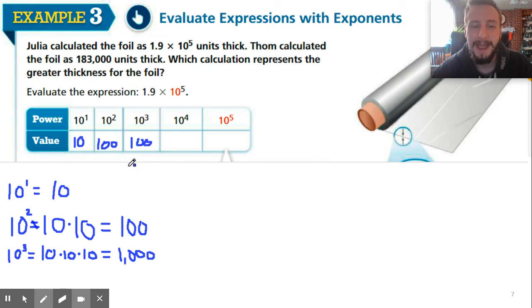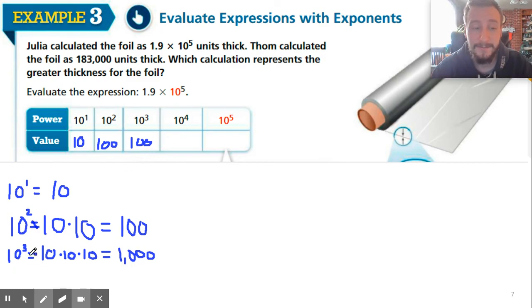Are you noticing a pattern here? Hopefully. 10 to the 2nd power, we wrote 1 and how many zeros? 2. So 10 to the 2nd power is 1 with 2 zeros after it. 10 to the 3rd power, we write 1 and how many zeros after it? If it's 10 to the 3rd power, 1, 2, 3.